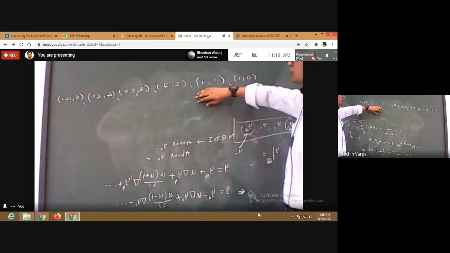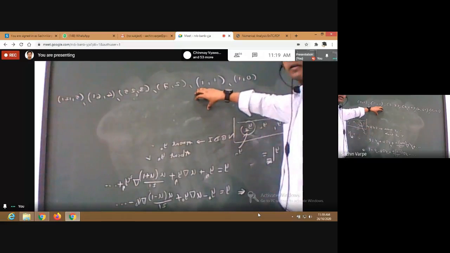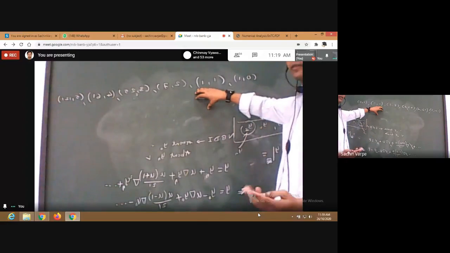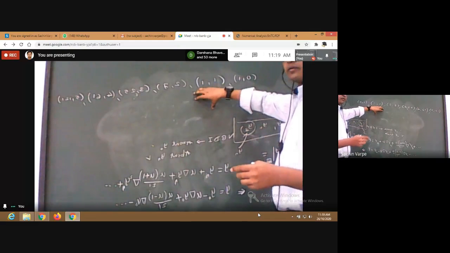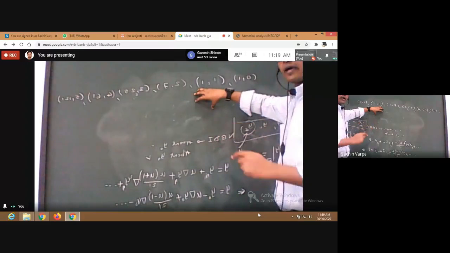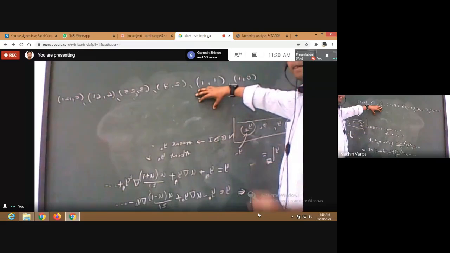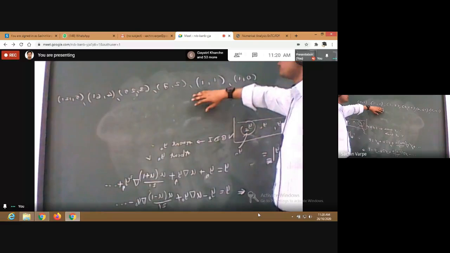If this value is not given, then we have 3 choices: Newton's forward or backward, and in backward also we have 2 choices, about the point y naught and about the point yn. Clear? Yes, sir. This is to get the polynomial, Newton's interpolation polynomial.